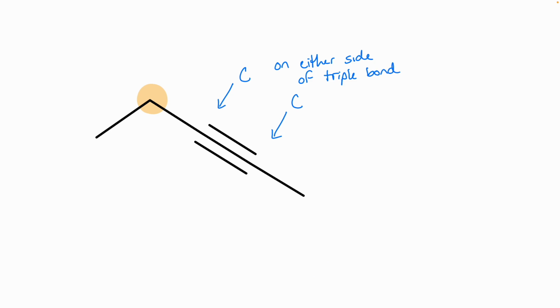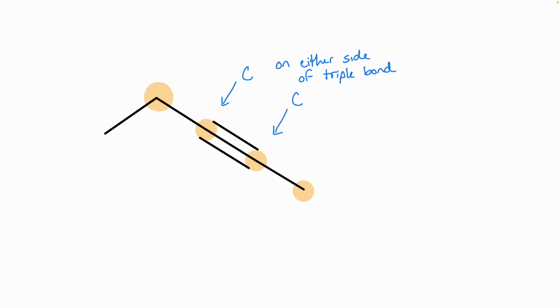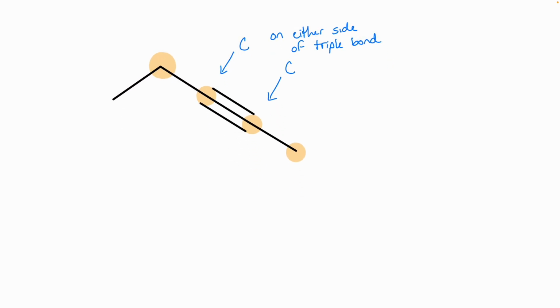All right, so what I've shown here is, again, my 1, 2, 3, 4 atoms, in this case all carbons, that are all in a line in this structure here. Okay, so when you're given a structure of an alkyne and you're counting your carbons, don't forget that on either side of that triple bond lives a carbon atom.